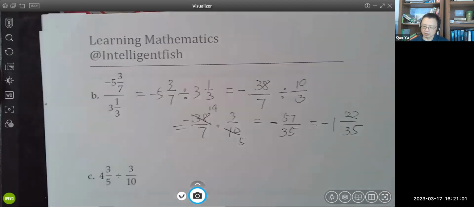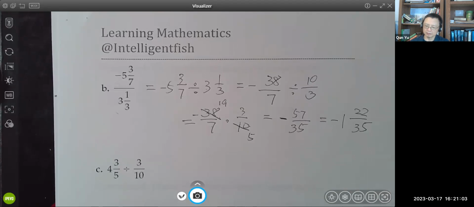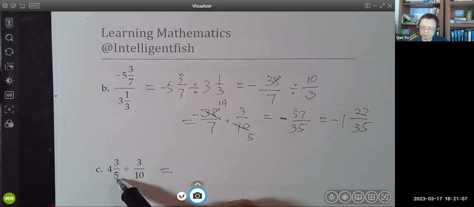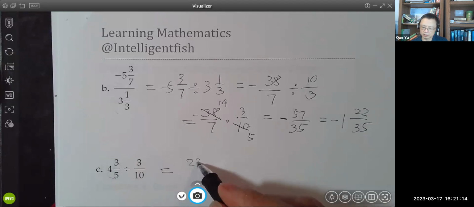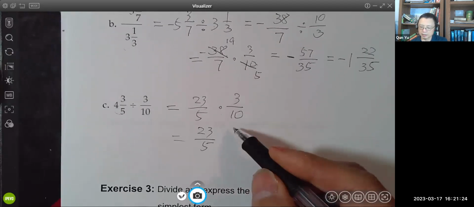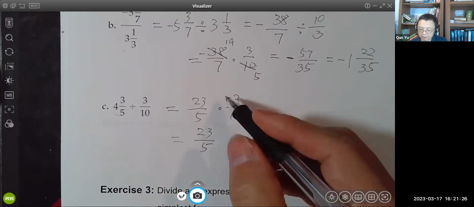Now, the next one, just go through the same process and change the mixed number into improper fraction. This is 20 plus 3, 23. Divided by 3/10. So now we keep the first number and we change division. Oh, we already changed. Sorry about that.